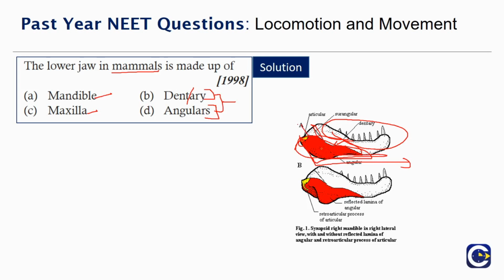This connects the dentary to the other parts of the lower jaw. So in mammals the description is simple. The upper jaw is maxilla and the lower jaw is mandible. The dentary in mammals is the mandible with the teeth bearing area. So the lower jaw is made up of mandible or jawbone.